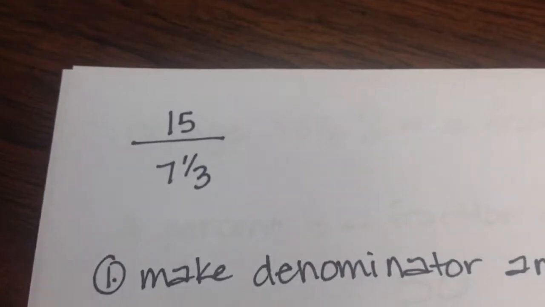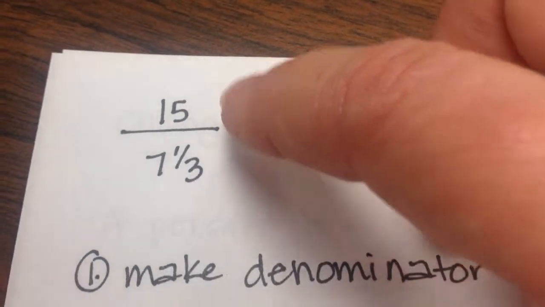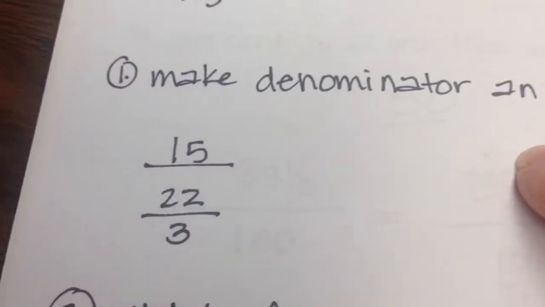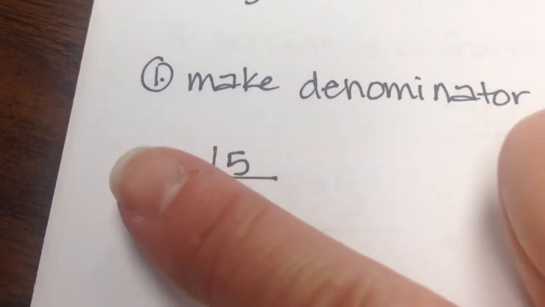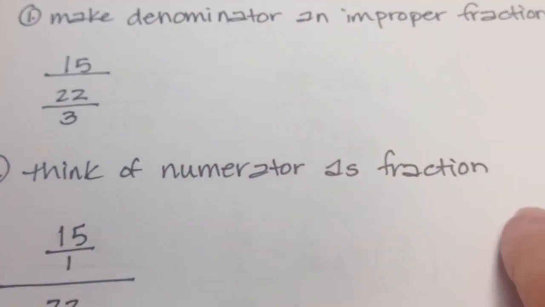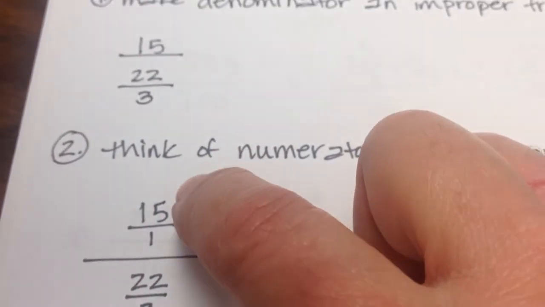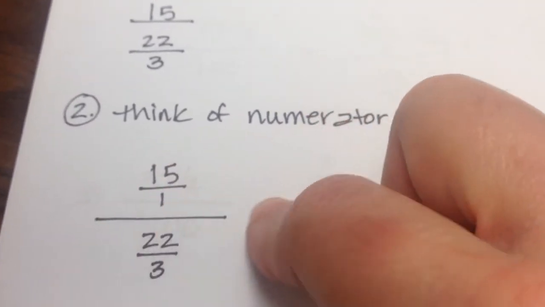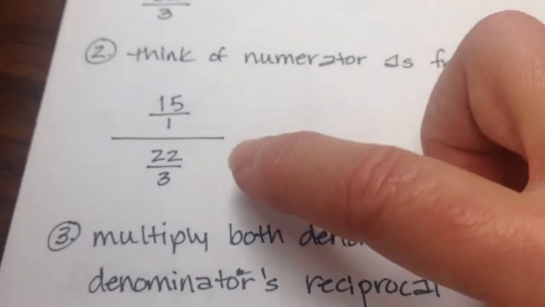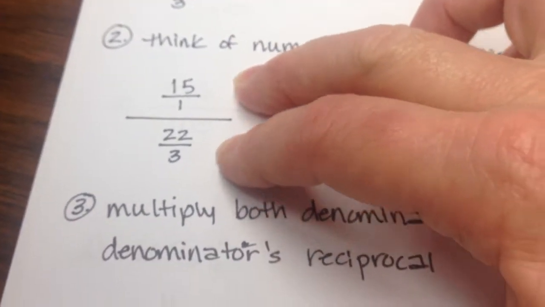Don't worry, here we go. We're going to look at some more. What if I have 15, a whole number, over a fraction? We're still going to make the denominator an improper fraction. So I have 15 over 22 over 3. I'm going to still think of my numerator as a fraction, just to help my brain. So I'm going to have 15 over 1 over 22 over 3. I'm going to multiply both the denominator and the numerator by what?